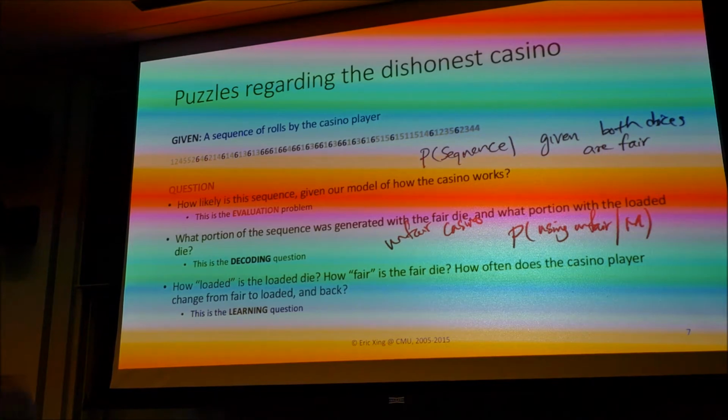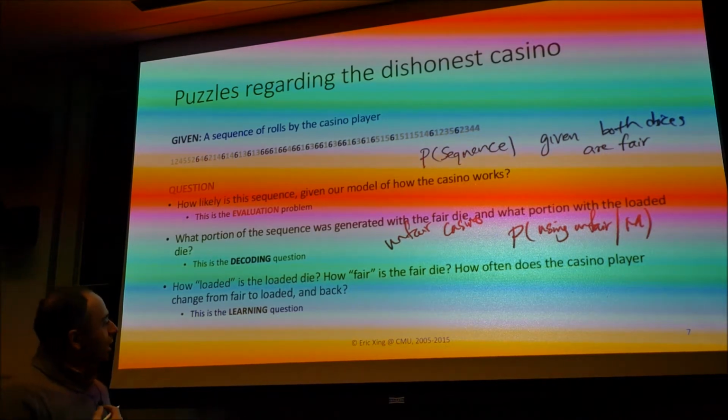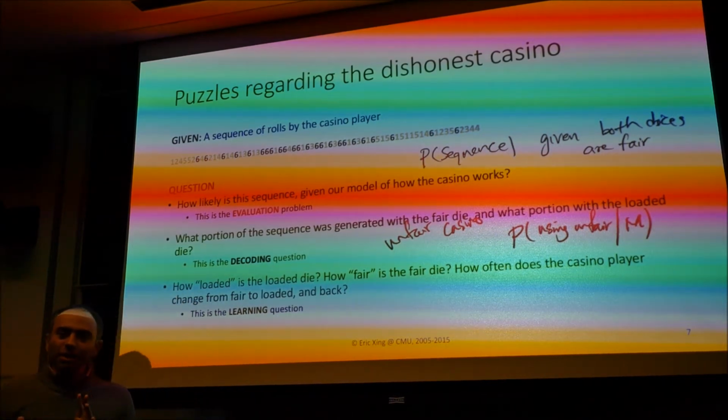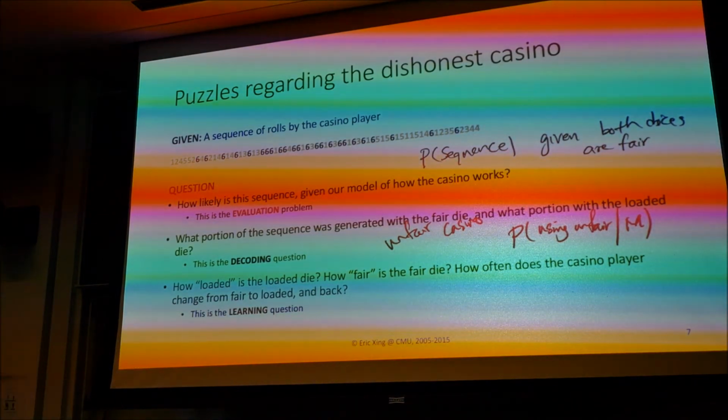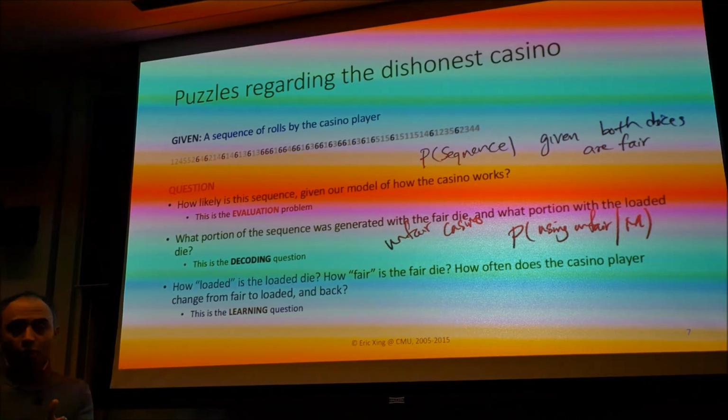We're going to build this model in the following section. Another question: in the previous section, somebody has given you that, hey, he's using an unfair dice, and the probability of 6 on that unfair dice is 50%, and the rest is 50%. But you may not know that, right?